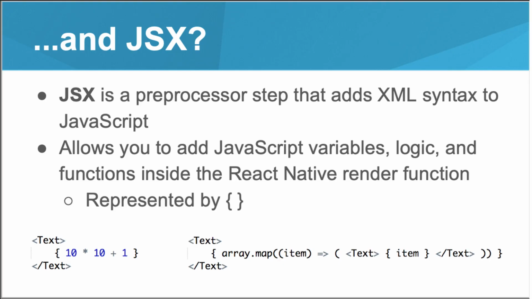This means you're allowed to add JavaScript variables, logic, functions, and more inside the React Native render function. A big issue with HTML is you cannot add a logic-based dynamic language inside the markup. So JSX uses curly braces and provides a much more dynamic and custom experience with the use of JavaScript.